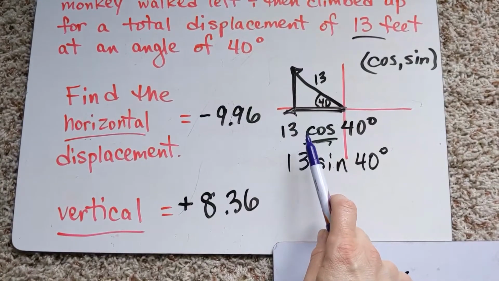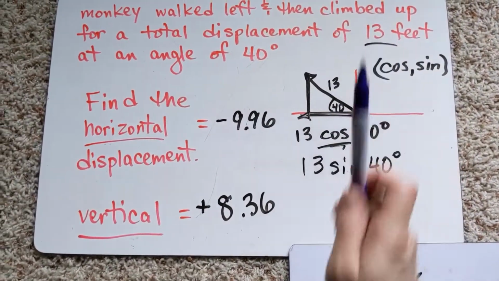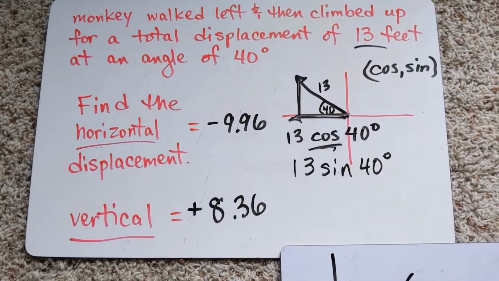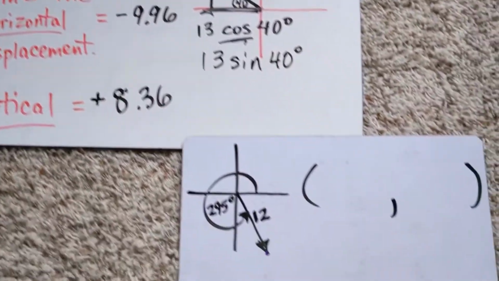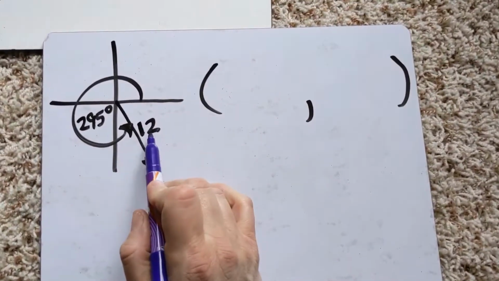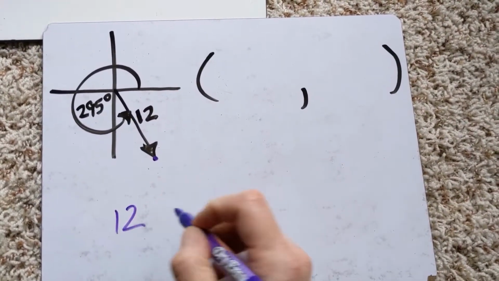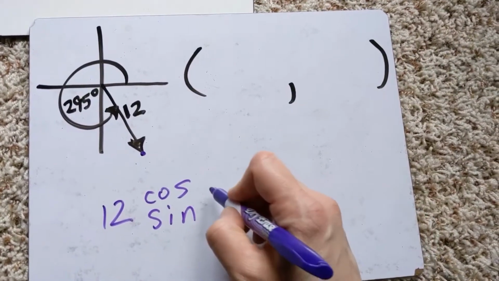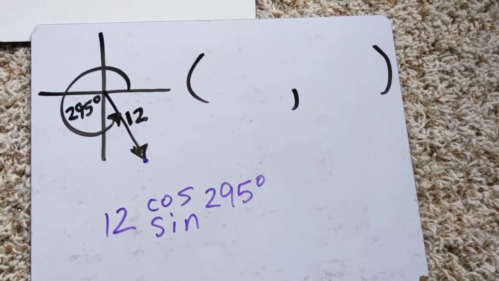Remember, we just took the length, that's essentially the hypotenuse, times cosine or sine of whatever the angle is. So here, 12 is that measurement, and you'll either go cosine or sine, depending on if you want the x or the y, of 295 degrees.